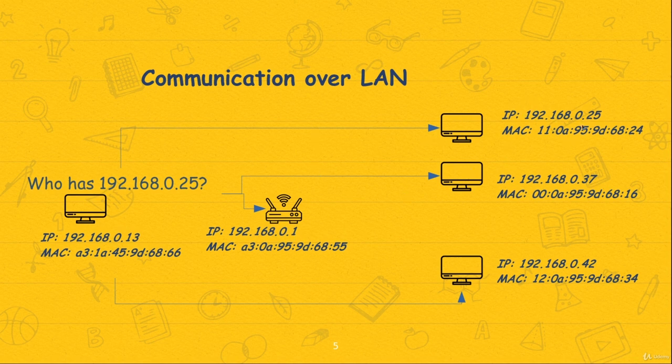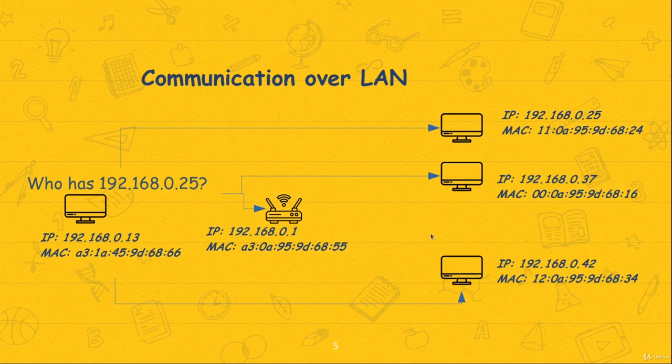Once the request has reached each device, every device will verify it against its own IP address. It checks whether the request's IP address is the same as its own. The router does the same, and this machine does the same.